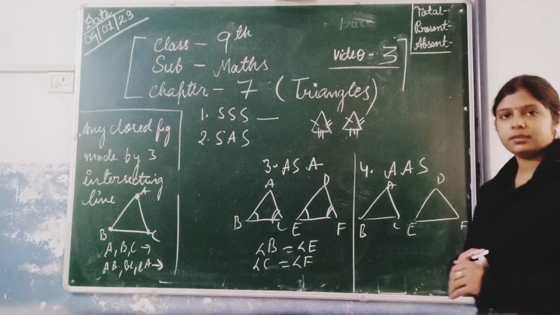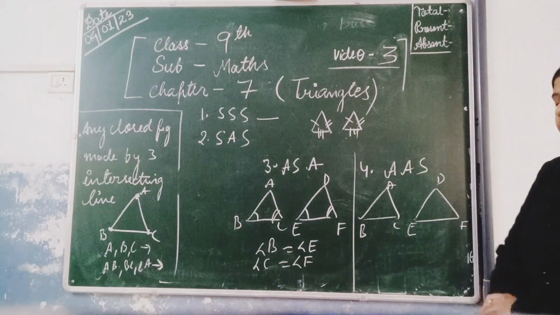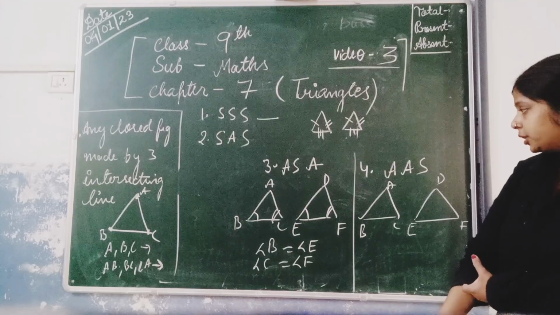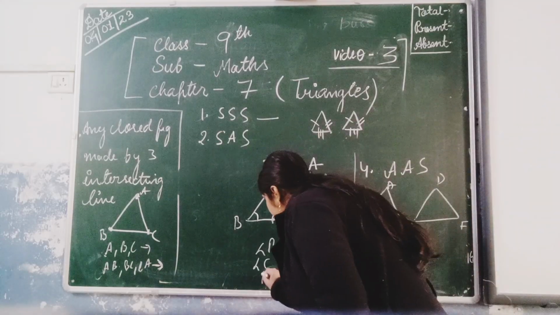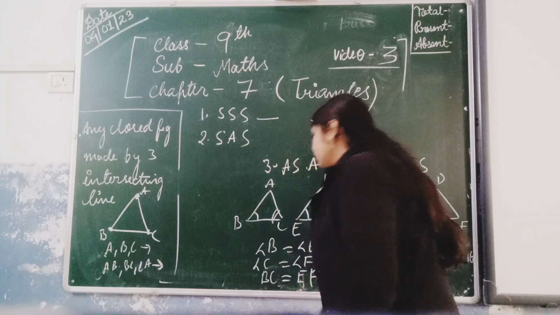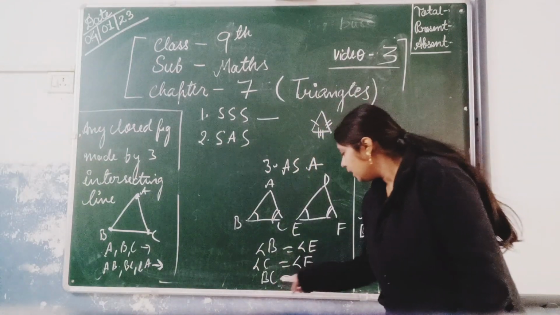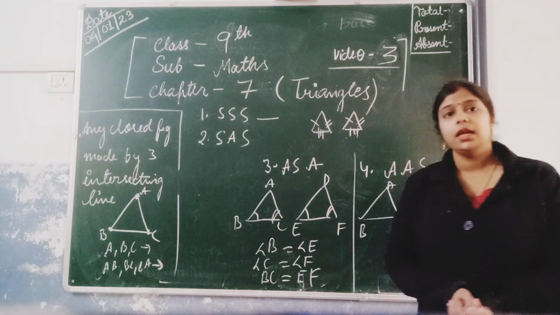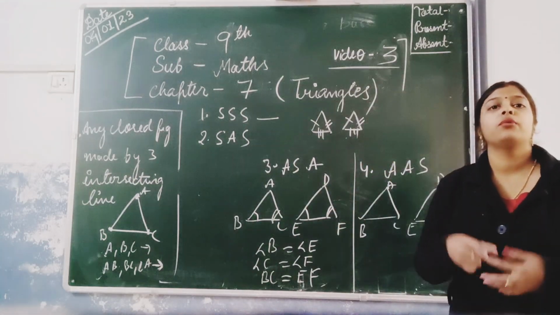Till here there is no doubt. Sometimes it is given in the given portion that BC is equal to EF. It means this is the included side for these two angles, the included side of the congruent angles.